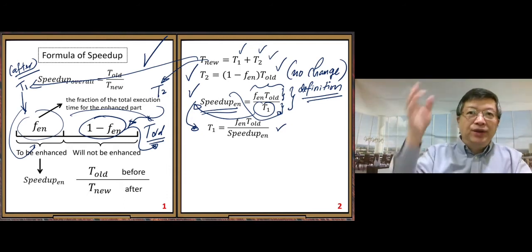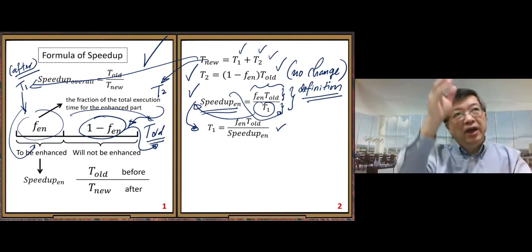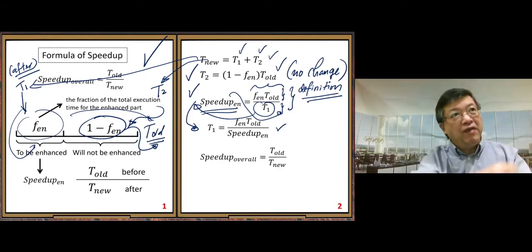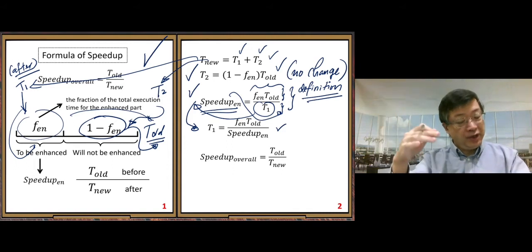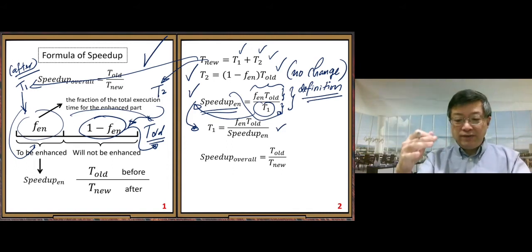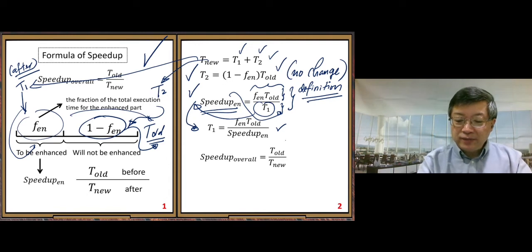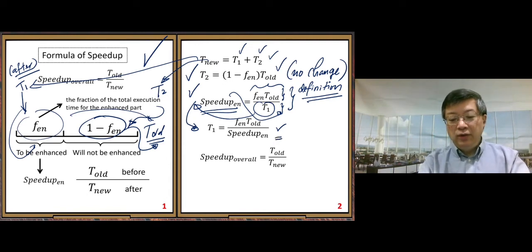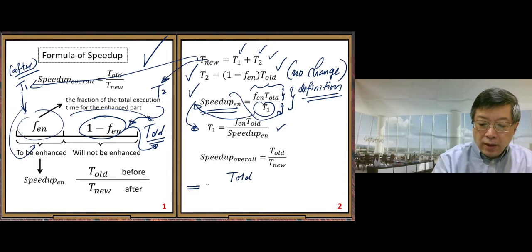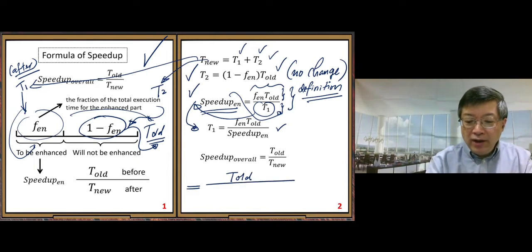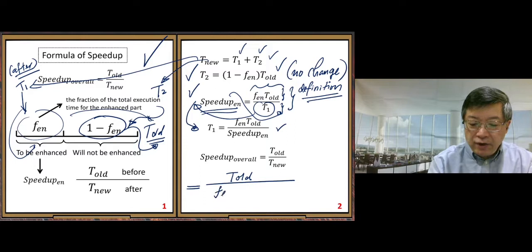Now we are ready to derive the final formula using this definition. Speedup overall equals T old over T new. T old we keep. For T1 we use Fen times T old over Speedup En.